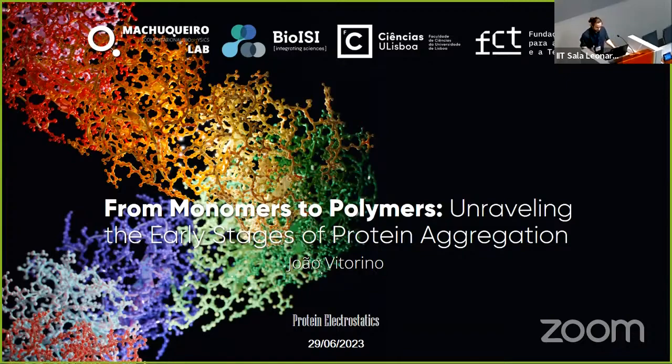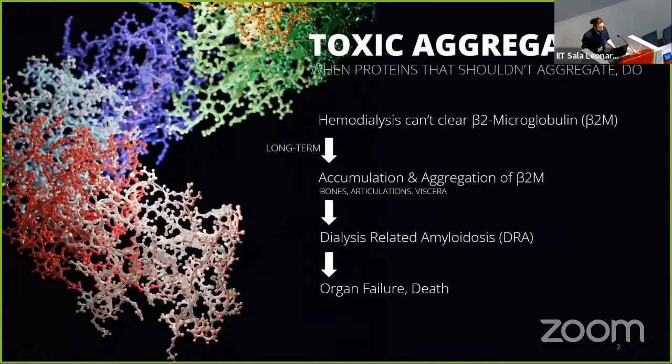So, not all aggregation is bad, just like not all amyloids are bad. However, it is a problem when proteins that shouldn't aggregate do. There is a case for Alzheimer's disease, Parkinson's disease, and dialysis-related amyloidosis.